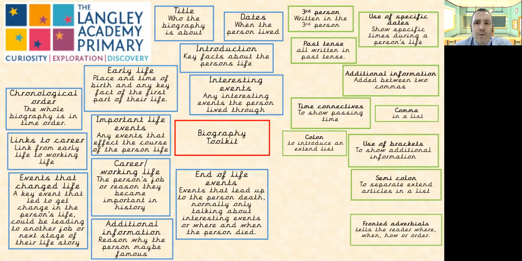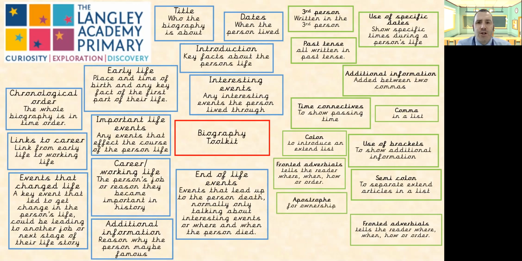We use fronted adverbials throughout. It tells the reader where, when, how, or what order things were done in. We have fronted adverbials that tell the reader where, when, how, or the order. It's in there twice. It's really important that we use it all the way through.